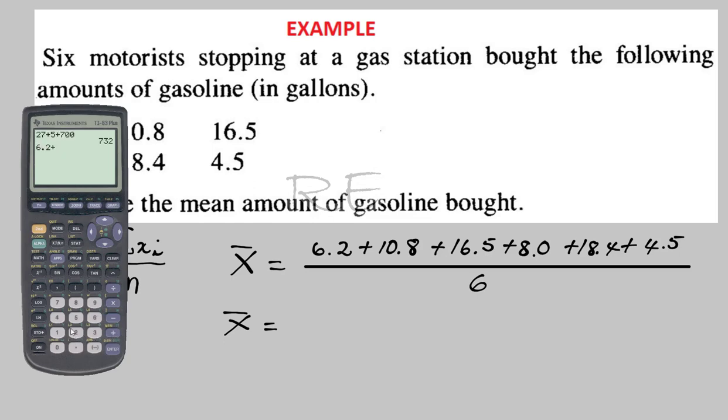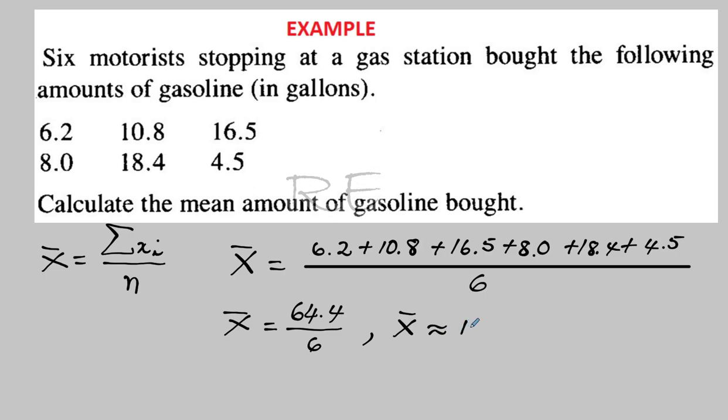We get the total amount of gasoline bought, 64.4, and that amount will be divided by 6. 64.4 divided by 6 is 10.73 to the nearest hundredth.